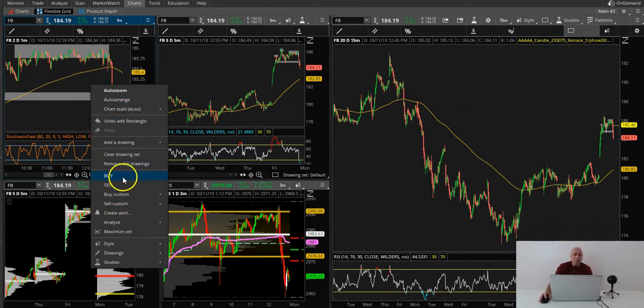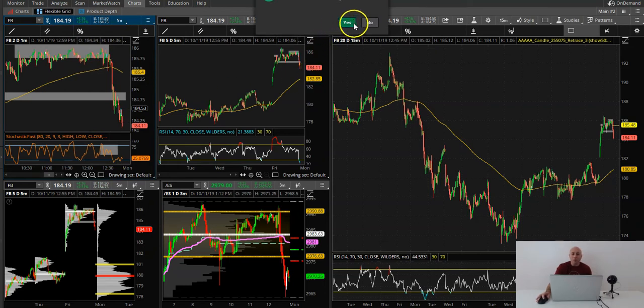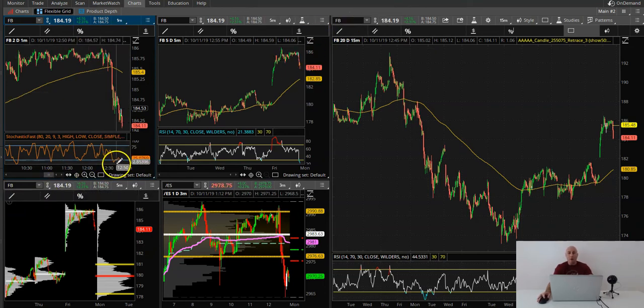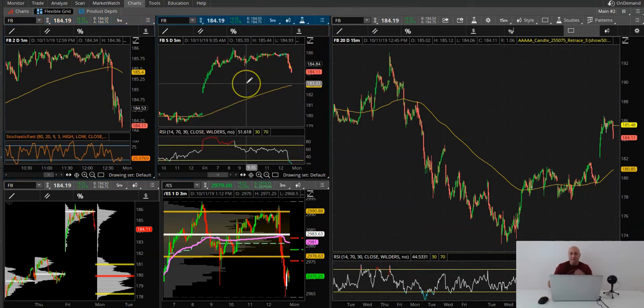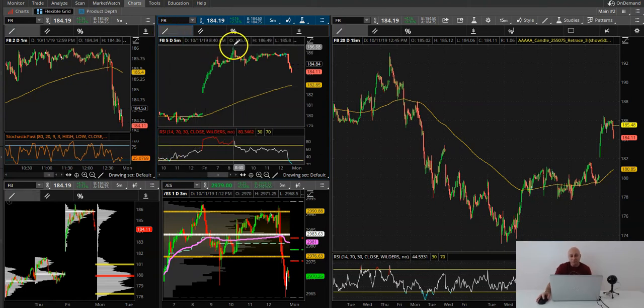Those are things that I'll look for. Are we overbought? Are we oversold on the 1 minute? Then I'll go over to a 5-minute to see if there's something a little better.